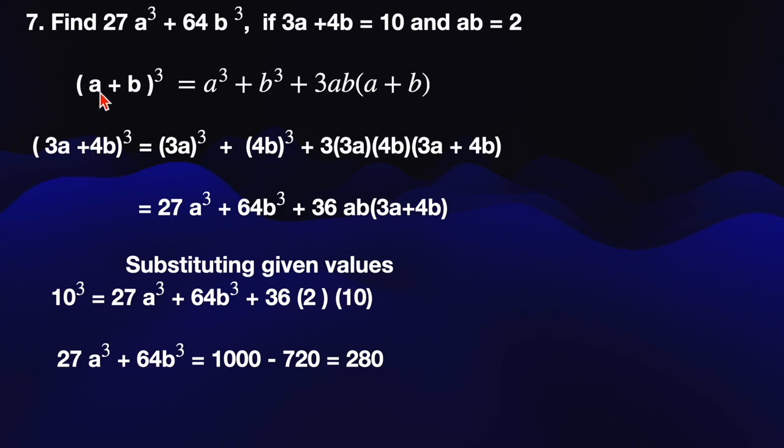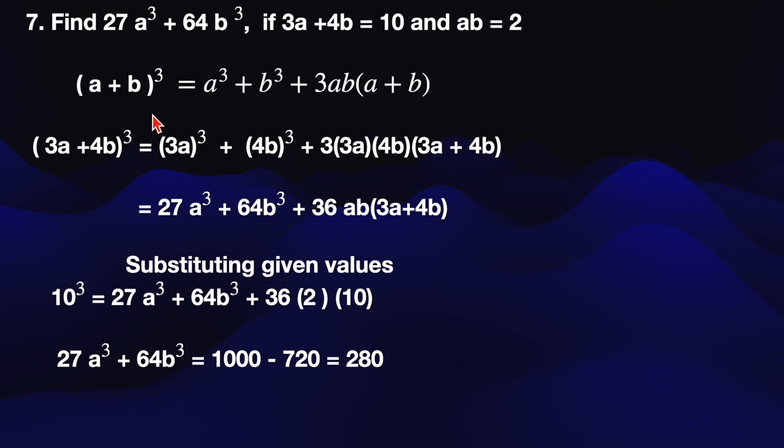So don't make any mistake here. Or the other way you can do is write down this general formula in the form of x. Like x plus y the whole cube is equal to x cube plus y cube plus 3xy into x plus y. If you write it like that, then without any mistake you can substitute x as 3a and y as 4b.